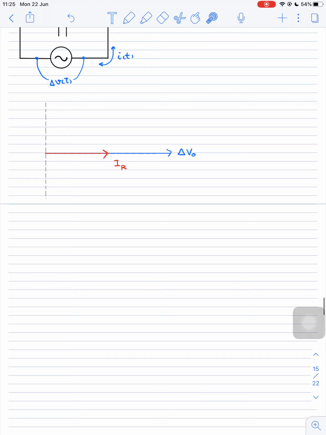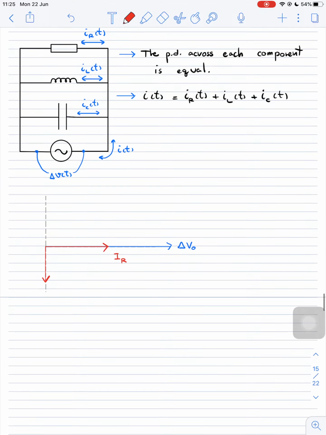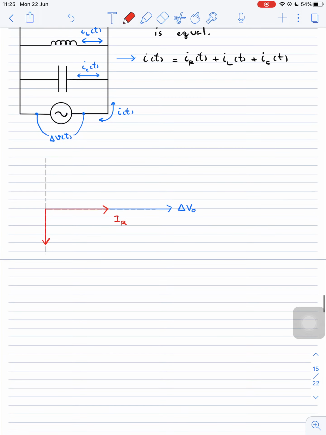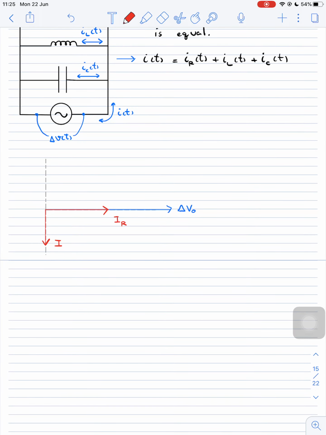Then it means that the current through the inductor must point in this direction, so this will be the IL, because the delta V naught is leading the IL by 90 degrees.